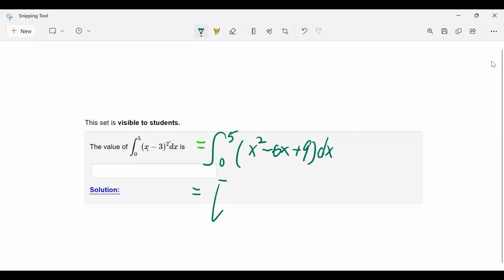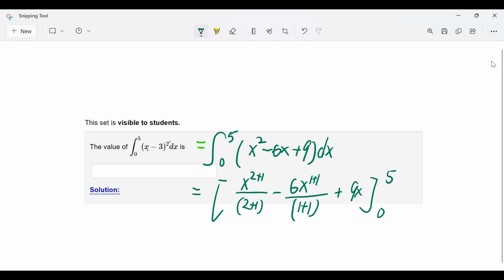So it will be x^(2+1) over 2+1. And the second one will be 6x^(1+1) over 1+1. And the last one, the constant becomes a linear term, 9x. Okay, are you following so far? Yes. Okay, very good.